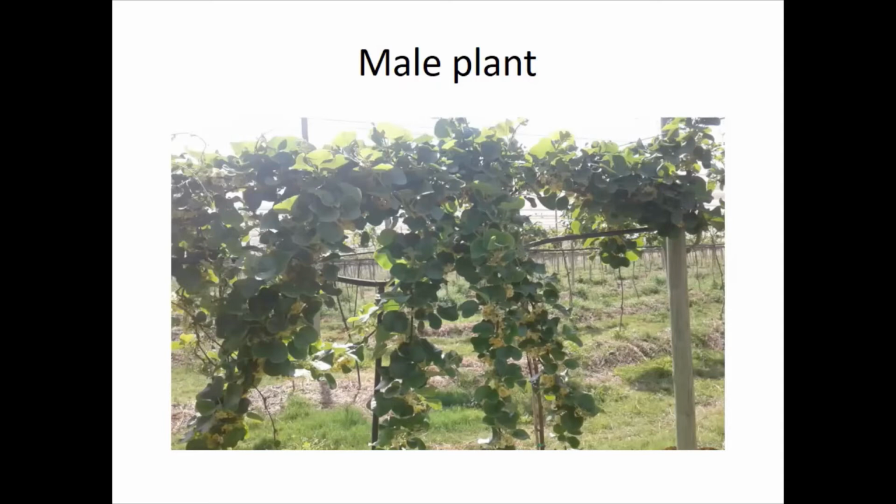So now if I start buying seedlings from a nursery, what I need to do is buy the seedlings of the male plant and the seedlings of the female plant, and grow them together.